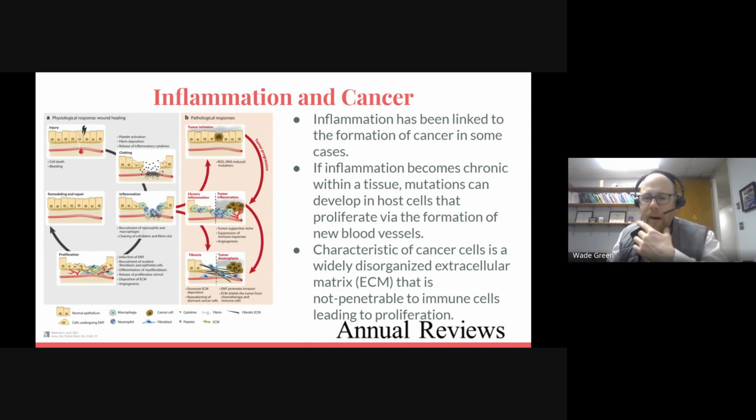However, in the case of cancer, we have prolonged inflammatory responses that result in the deposition of a dysplastic cell that cannot differentiate into a normal healthy cell.